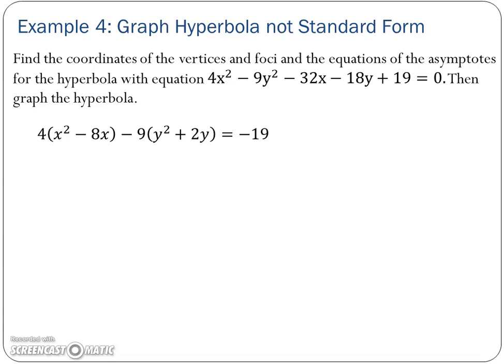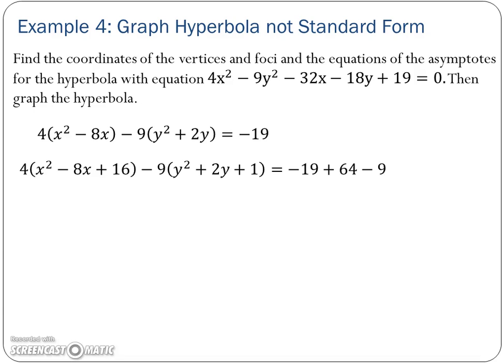And then 2 divided by 2 is 1, squared is 1, times negative 9, so we'll subtract 9 from both sides. So add 64, subtract 9, and we get 4 times the quantity x minus 4 squared, minus 9 times the quantity y plus 1 squared equals 36.